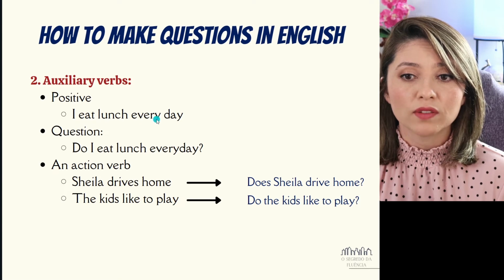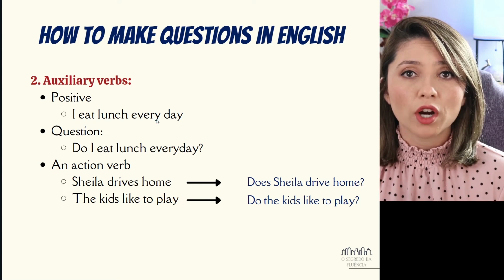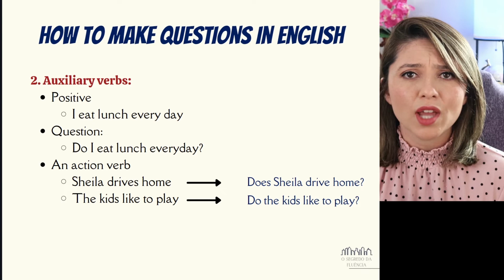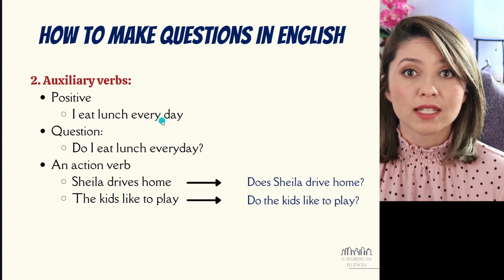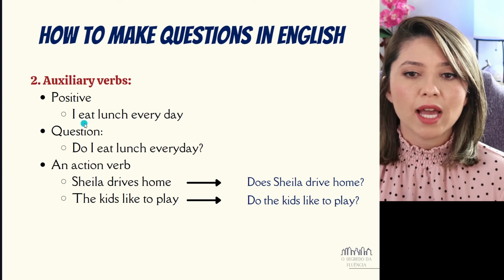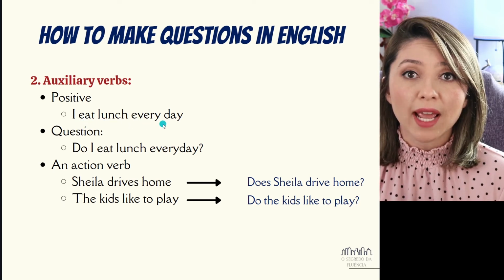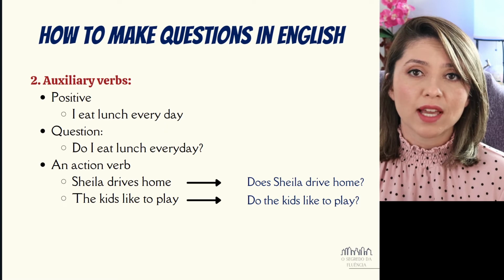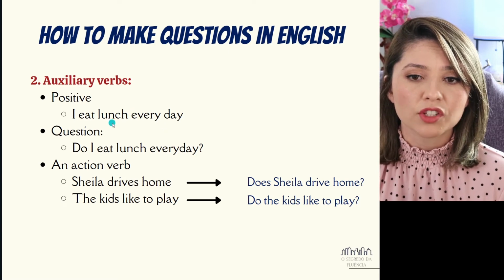So I eat lunch every day. Sometimes someone may argue differently, like I don't see you eating lunch every day, but you want to emphasize, yes, I do eat lunch every day. Here you say I do eat lunch every day because you're emphasizing the fact that you eat lunch every day.